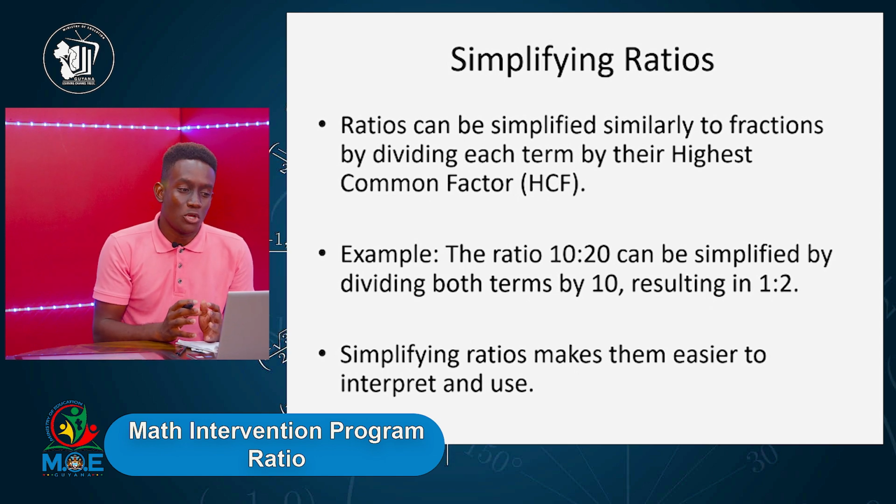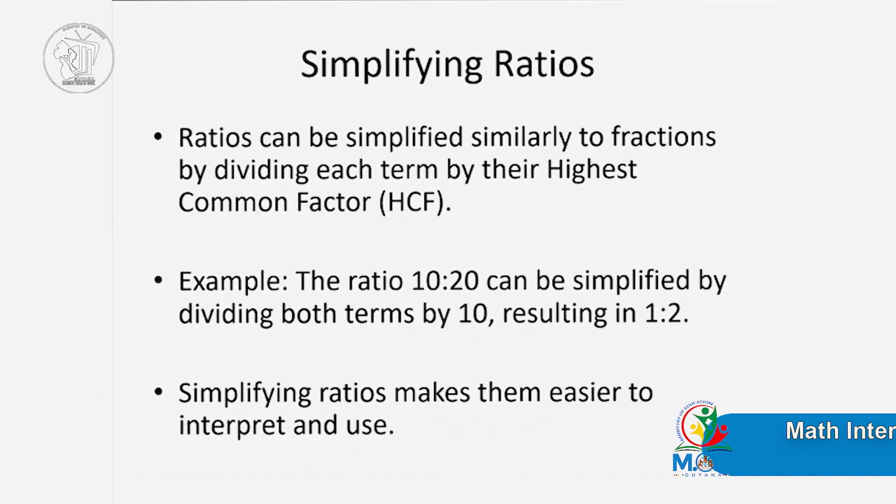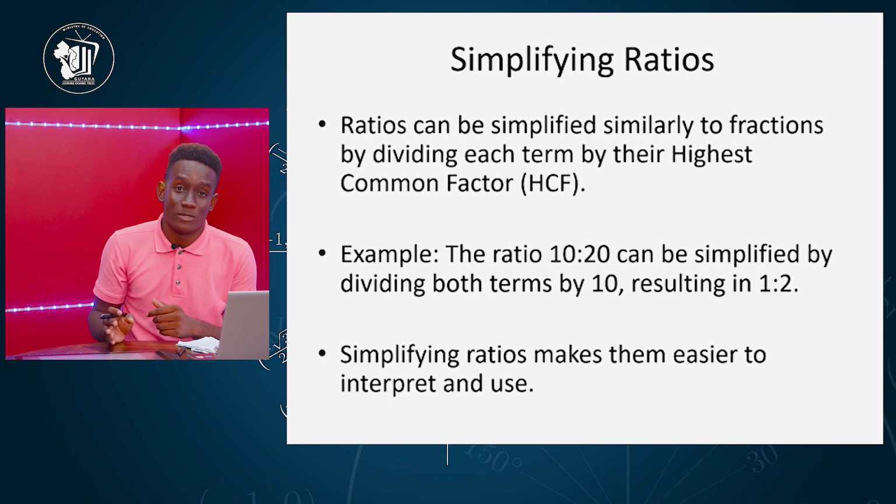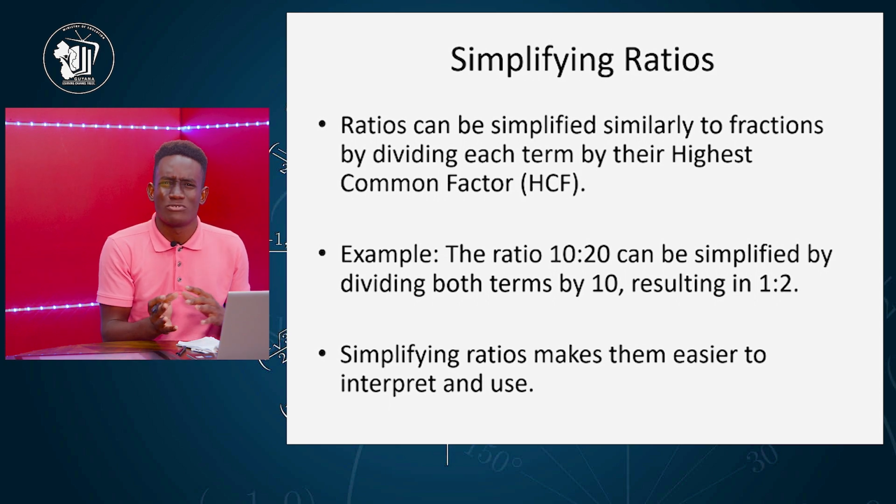ratio. Now, ratios can be simplified by dividing both parts, or all the parts, of a ratio by the highest common factor. Just like in a fraction, if you want to simplify a fraction, a ratio is simplified the same way. And as we learned earlier, a ratio can be represented as a fraction, so that is why.